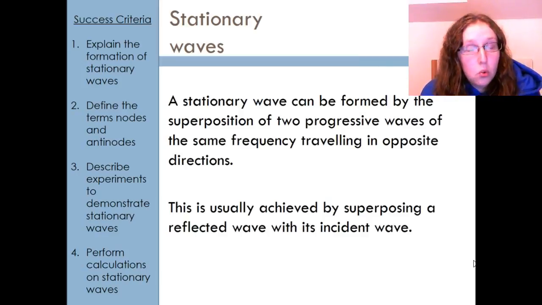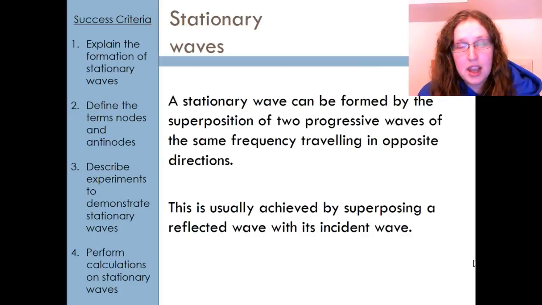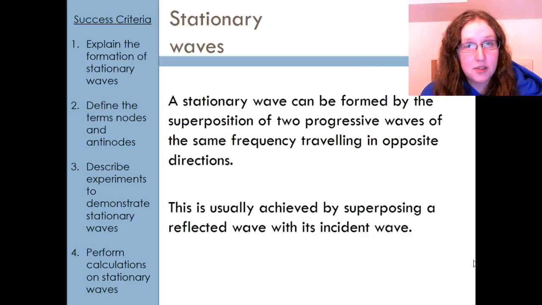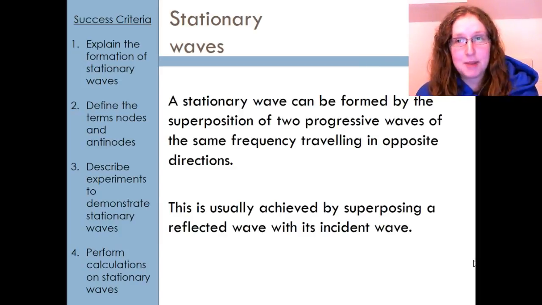And it will always be that you say that the incident wave is reflected at the end, and the incident wave superposes with the reflected wave, which causes areas of reinforcement and areas of cancellation, which form the bits of the wave that we're going to talk about in just a minute. But bear that in mind, that that will be what's coming.